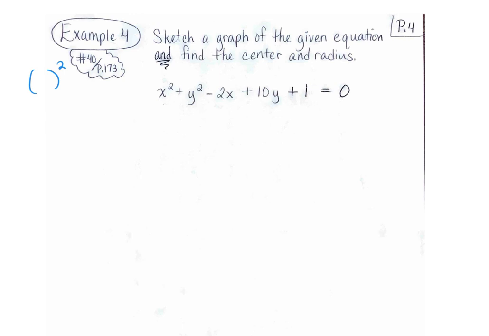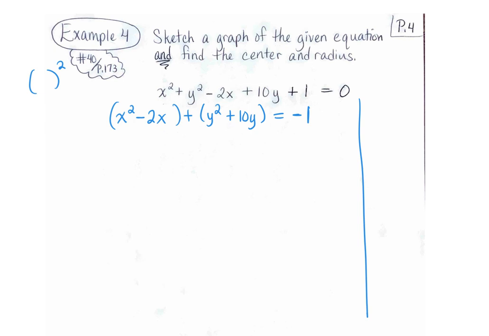So we have to rewrite this. We're going to group our similar variables. So x squared minus 2x plus y squared plus 10y equals negative 1. Did I change the equation? No, I rearranged it. I write the notes on the right of what we're doing in each step.